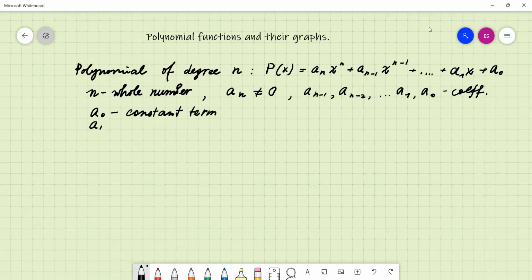An, the very first one, is called the leading coefficient. Sorry, not leading term, leading coefficient. The leading term is going to be the whole product: an multiplied by x to the n.